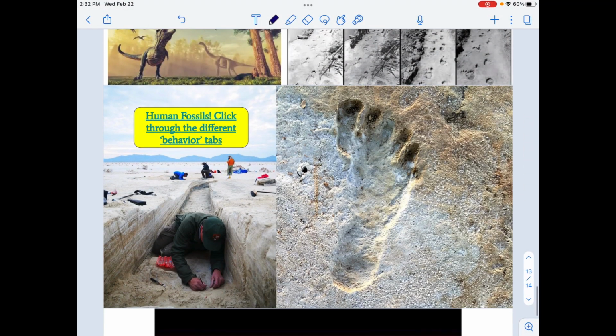And one more opportunity to check out here is that we have found human fossils and footprints, trace fossils of humans.